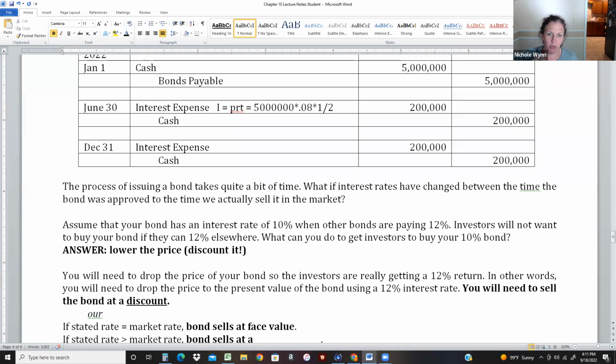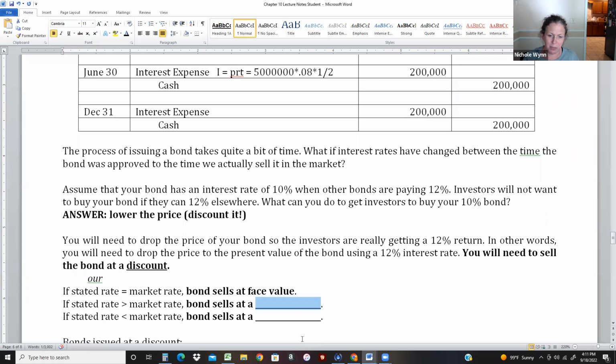That's what happened to Jim Caldwell at the top there. His bond sold for exactly 5 million because it must have been priced right in the market. But if the stated rate is bigger, if our rate is better than the market, then our bond will sell at a premium. And if our bond is less than the market, then we will have to discount it.